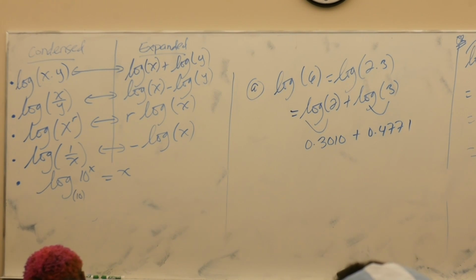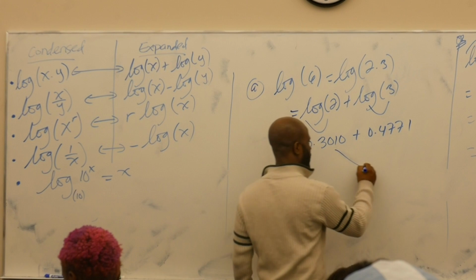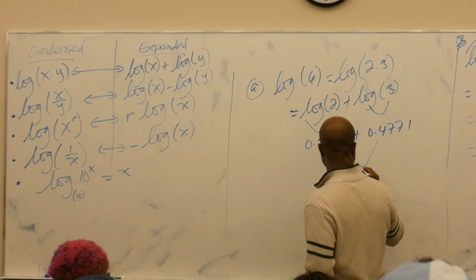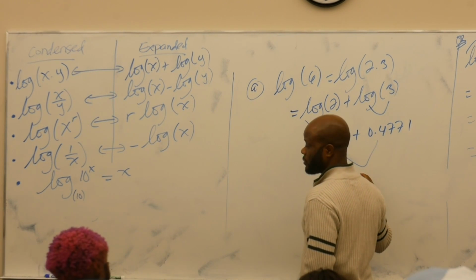Right? So now we just need to add those two pieces up. All right, somebody add it from here and tell me what will be your final answer. 0.7781? Yeah.